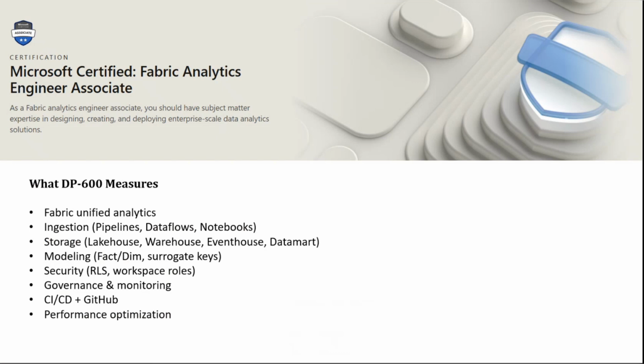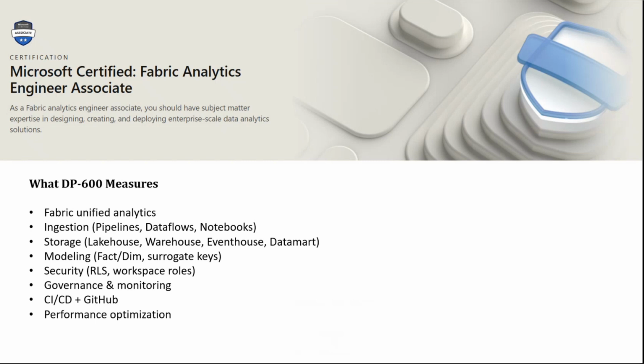So Microsoft Certified Fabric Analytics Engineer Associate is provided by Microsoft, and generally we call it the DP-600 examination. As a Fabric Analytics Engineer, you should have subject matter expertise.